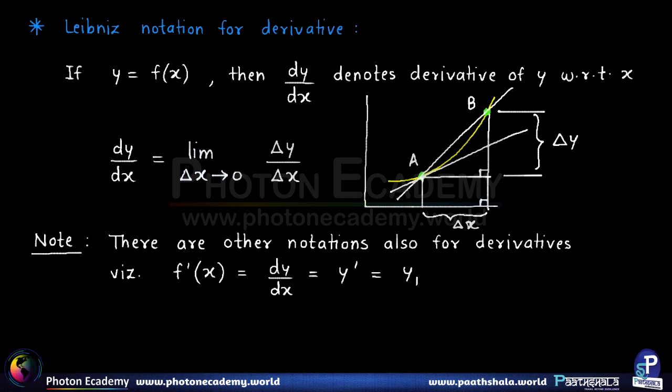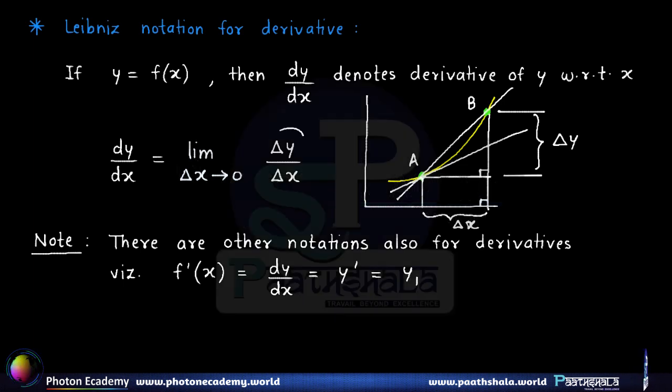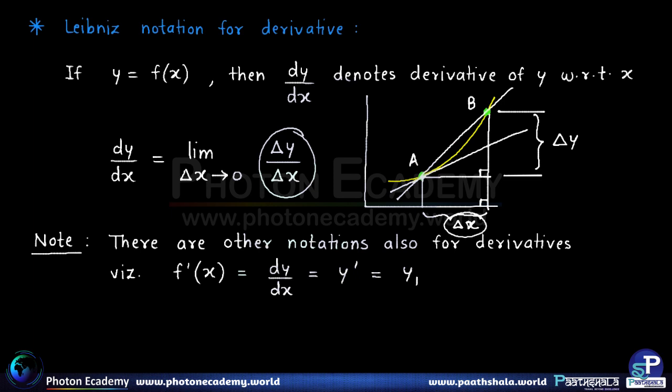Therefore the ratio of delta y upon delta x is simply the slope of secant AB. As the quantity delta x becomes smaller and smaller, the slope of the secant will tend to the slope of the tangent in the limiting condition. So this is just a different notation for the derivative.